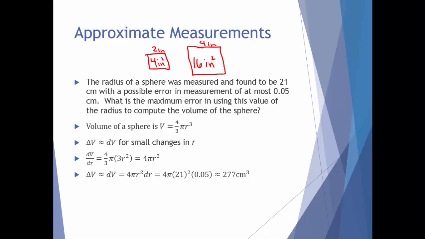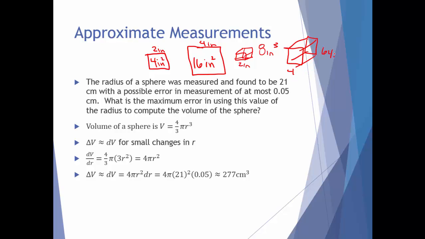Now do that again, only this time instead of area, think volume. If you have a cube, this is going to be a really bad drawing, but if you have a cube and its side is 2 inches, then its volume is now 8 cubic inches. If I then increase the side of one of those cubes to 4, its new volume is 4 times 4 times 4.